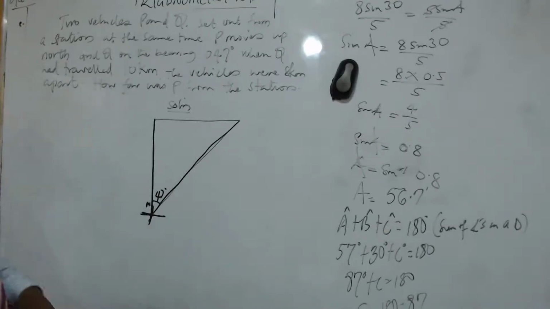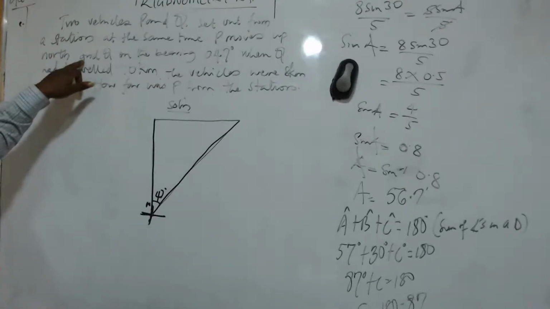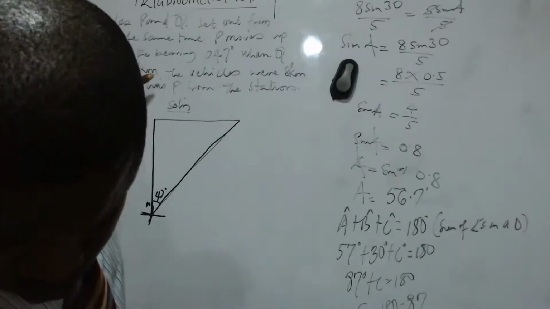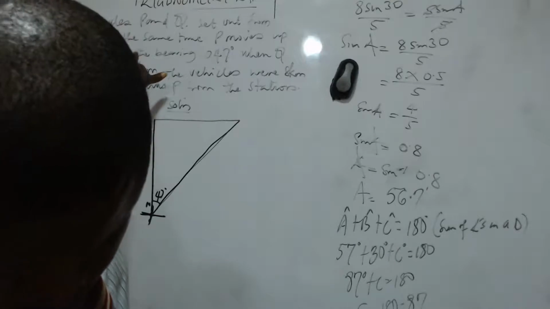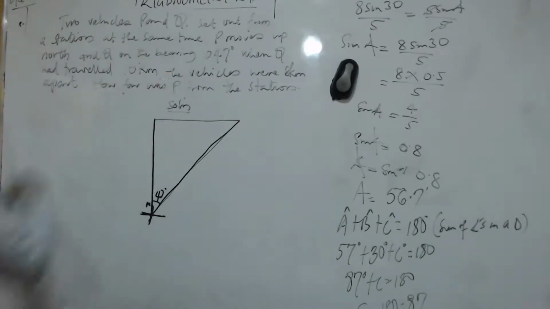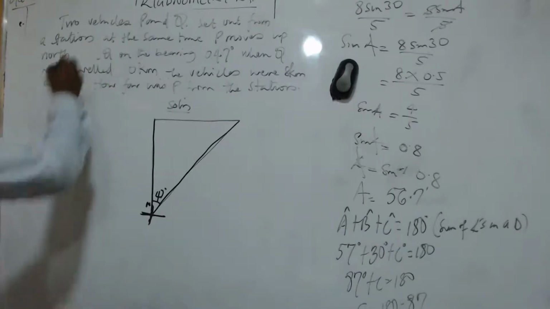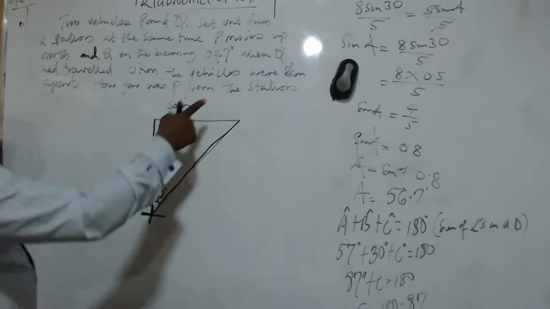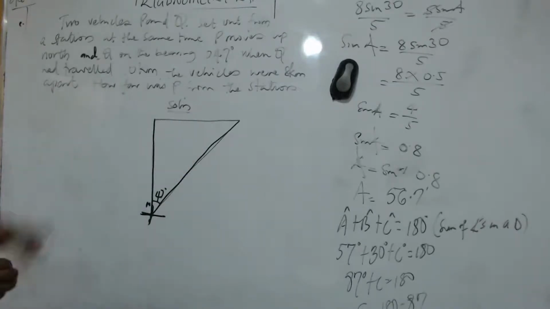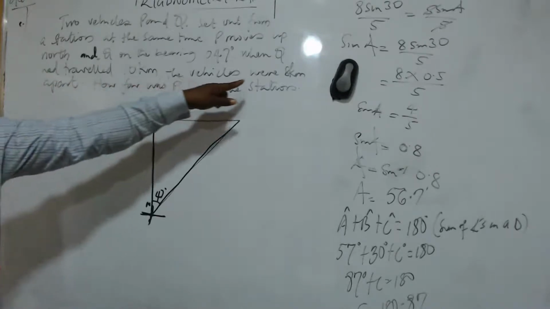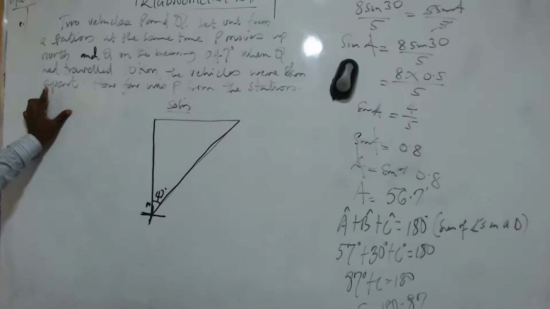Okay? So we're going to have this. North. And here now we have: when Q had traveled 10 kilometers, the vehicles were 8 kilometers apart.